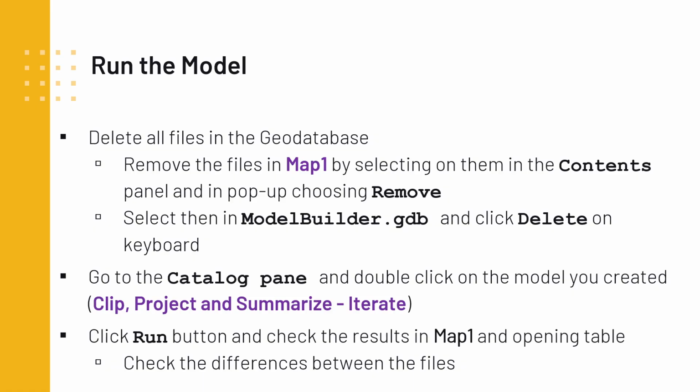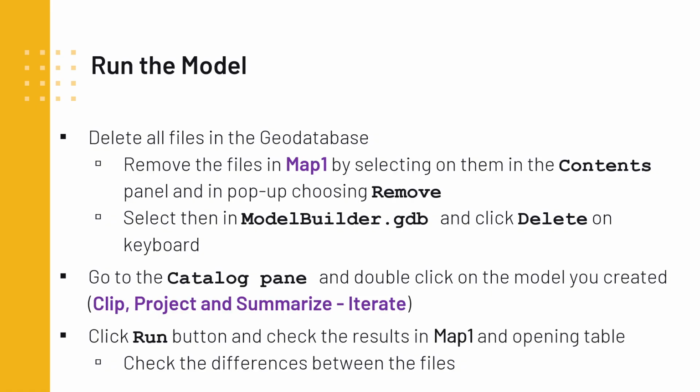Then you're going to delete all of the files in the geodatabase. To do that, you're going to go to the catalog pane on the right-hand side, to databases, modelbuilder.gdb, select all of the files in there and delete. It's important that you do this in that order because sometimes if you delete in the catalog before the contents, this will crash your system, so do be aware of that.